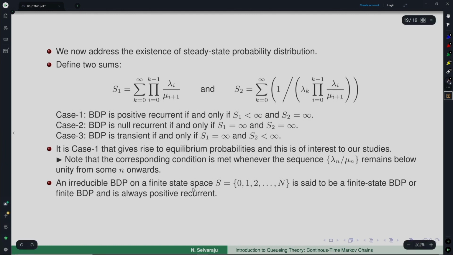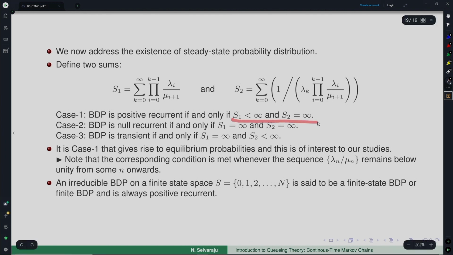If S1 is infinite, then I know it could be one of these cases, but S2 needs to be checked, though it will satisfy anyway in most cases, so we will not worry too much about this part. So, this becomes the main condition that contributes to positive recurrence of this chain. Case 1, where the BDP is positive recurrent, gives rise to equilibrium properties, and this is of interest to our studies.